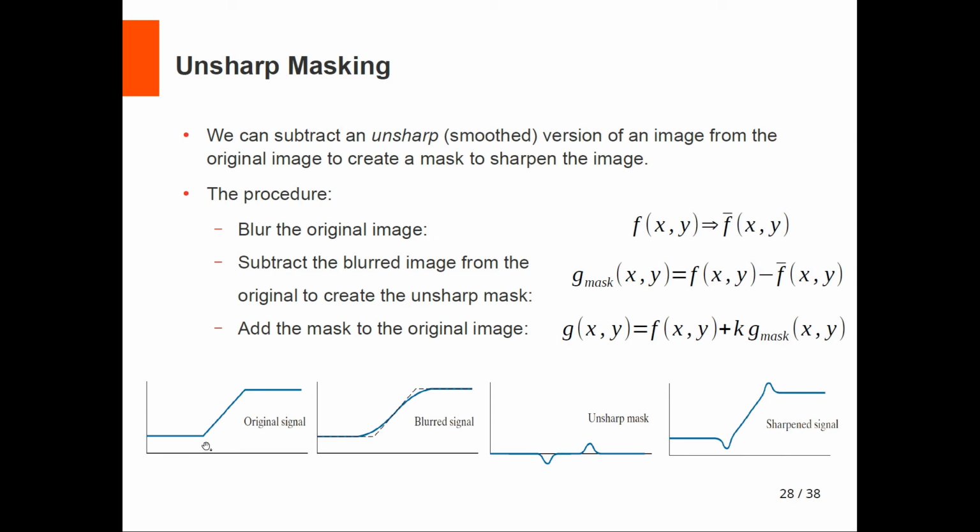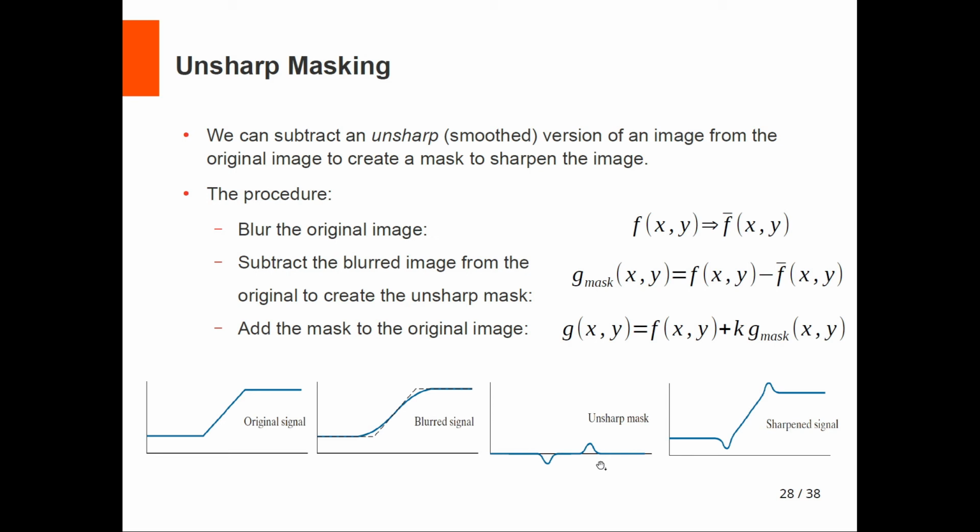Here we have this original signal that is basically constant values in two regions and an intensity ramp in the middle. So if we blur the signal, we get a function of this form.